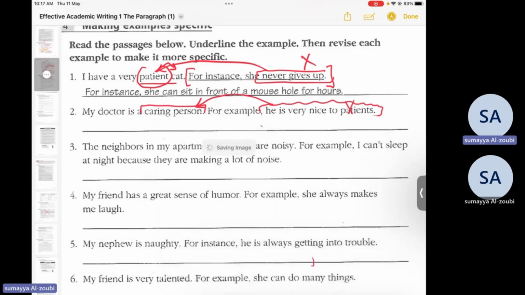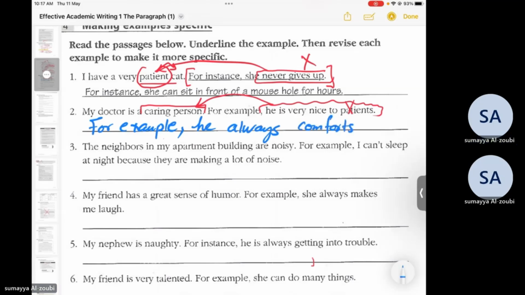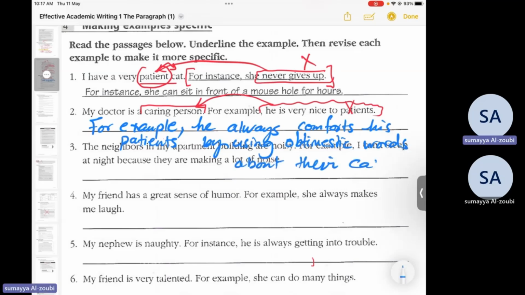He, for example, he always comforts his patients by using optimistic words about their cases. Nice. These are clear and visible examples that make one really feel that this person is a caring person.